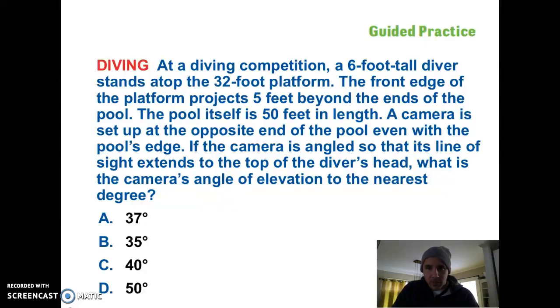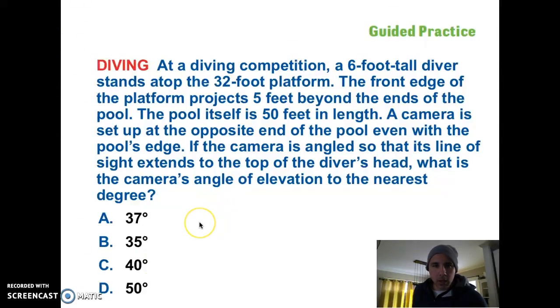The pool itself is 50 feet in length, and the camera is set up at the opposite end of the pool, even with the pool's edge. The camera is angled so that its line of sight extends to the top of the diver's head. What's the camera's angle of elevation to the nearest degree? See what you get. It's either A, B, C, or D. Let me know if you have any questions.